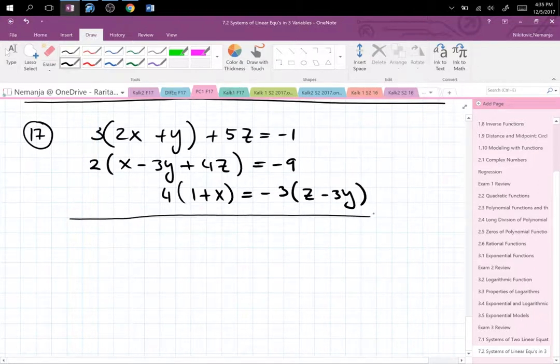So just multiply everything out and move to the left, and that's it, right?